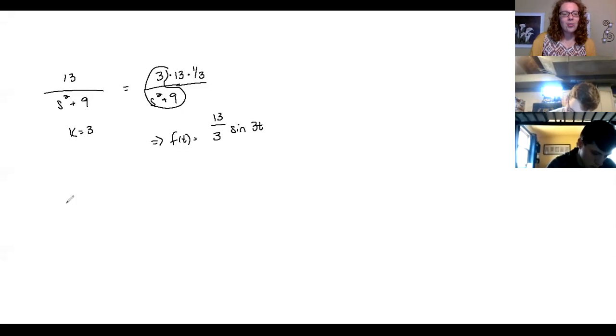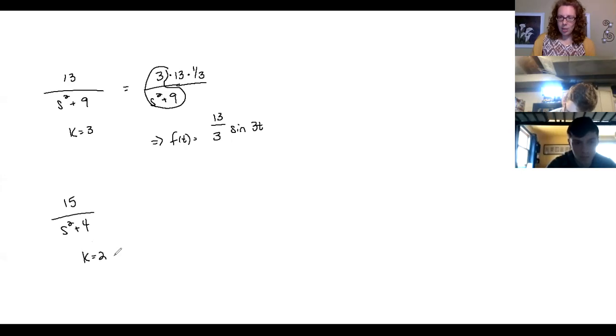So we'll go back to 15 over s squared plus 4. My k is equal to 2 in this case, and that means what I need is 2 over s squared plus 4. This is the part that's circled, the part that I need.